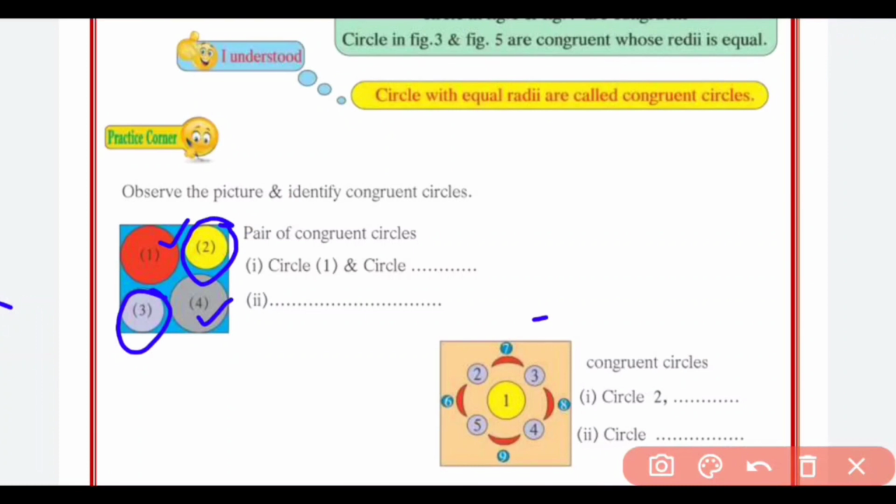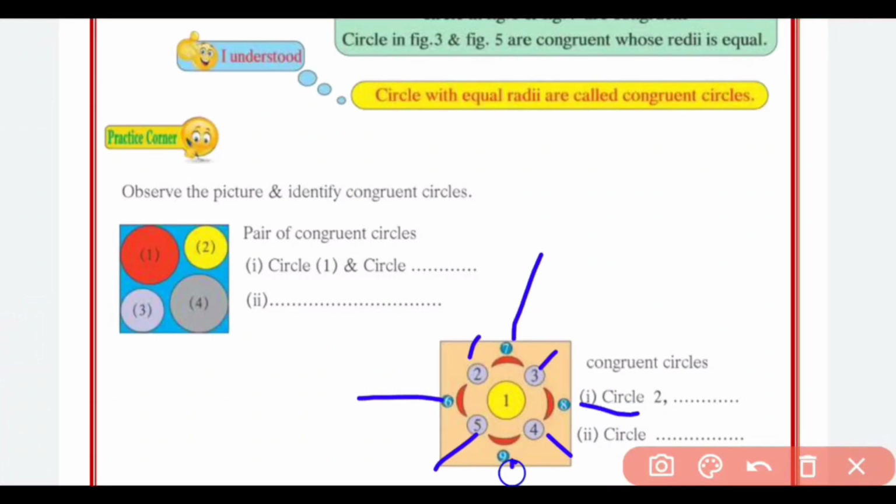In this second figure we can see that circle 2, circle 3, circle 4 and circle 5, these 4 circles are congruent, and the smaller circles, circle 6, circle 7, circle 8 and circle 9, these 4 circles are smaller and they are congruent. Circles 2, 3, 4, 5 are congruent, and circles 6, 7, 8 and 9 are congruent. So in this way we have to write these answers in our notebook for activity sheet number 5.